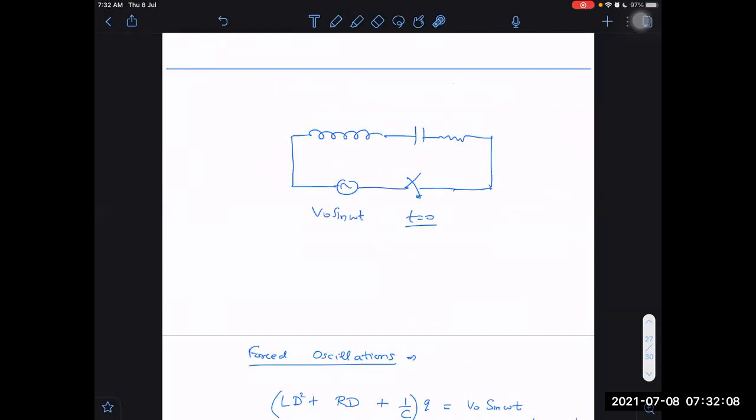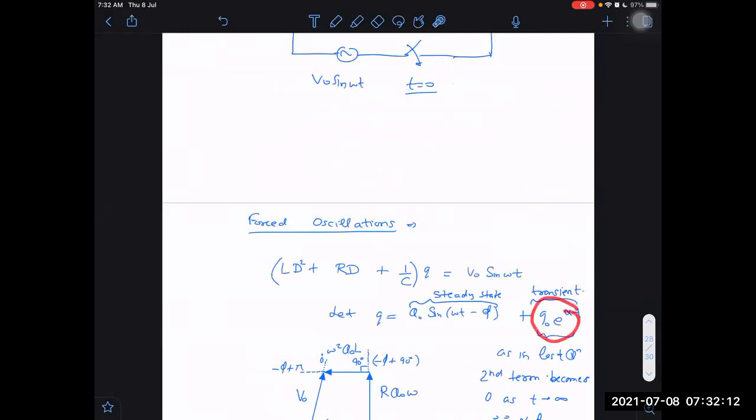If I close it at t equal to 0, then there may be some transient solution appearing. And one more thing. I'm not saying that this Q0 will be the same as that Q0. No, it may be different from that. And it may come out to be 0 also in certain cases. If it is 0, then there will be no transient state from the beginning. From the beginning, only the steady state will be required.